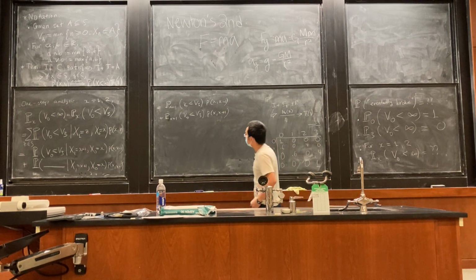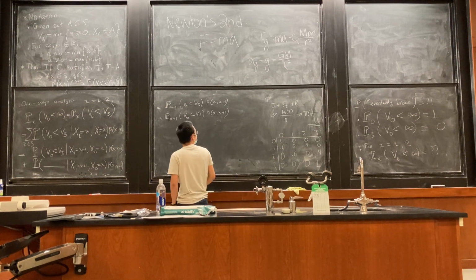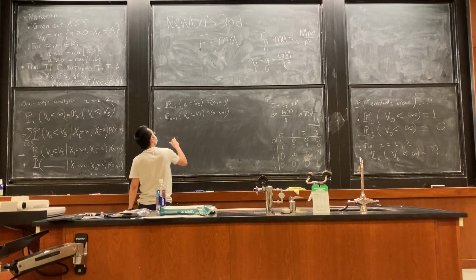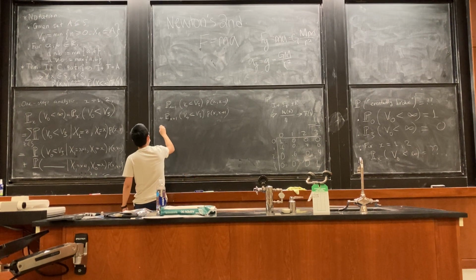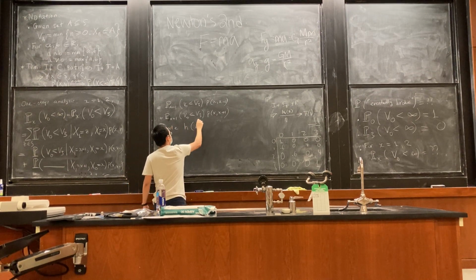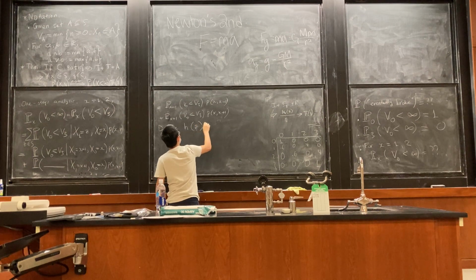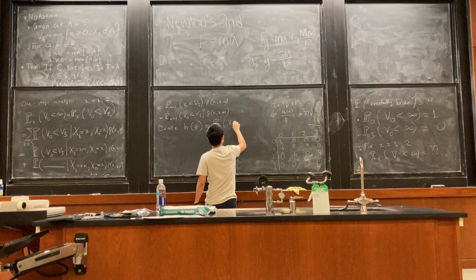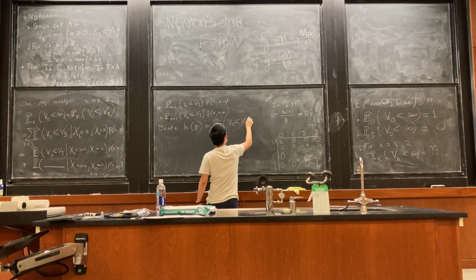Now if I write this down as a system of linear equations, let me denote by h of z the probability, starting from z, that V0 is less than V3.